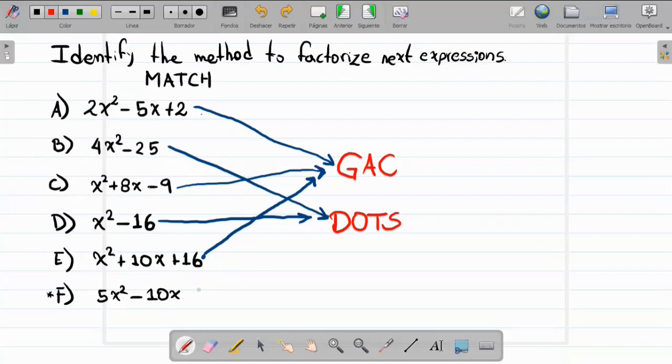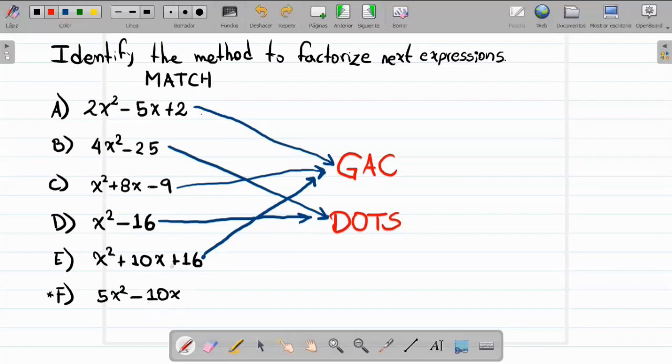Probably you already discovered what method will help you here. If you think of difference of two squares, because you have two expressions, which makes a binomial, and it is in subtraction, that's not enough. Remember, I asked you to get the square root of those expressions, okay? And the square root of 5x squared is not exact. It's not an exact number, and they must have an exact square root.